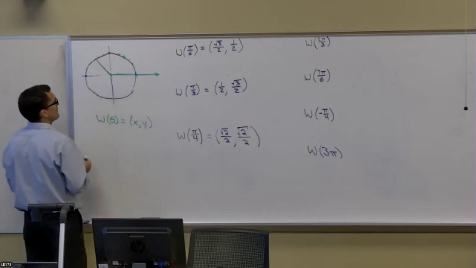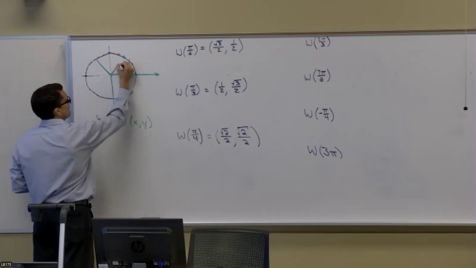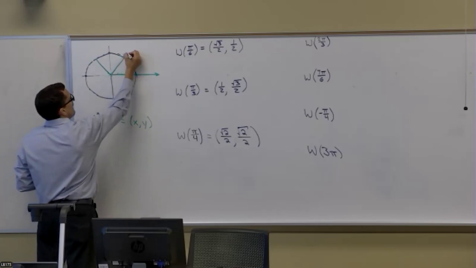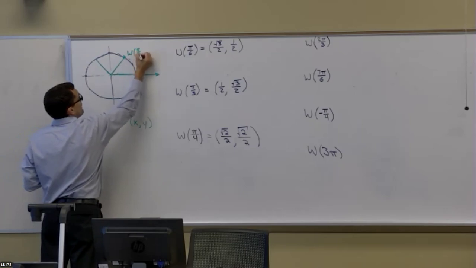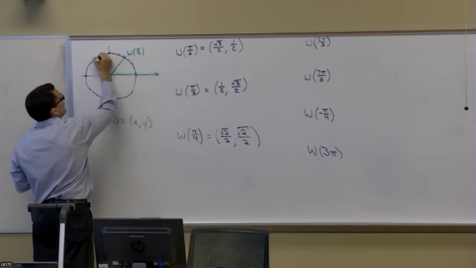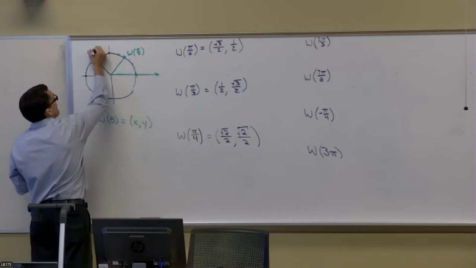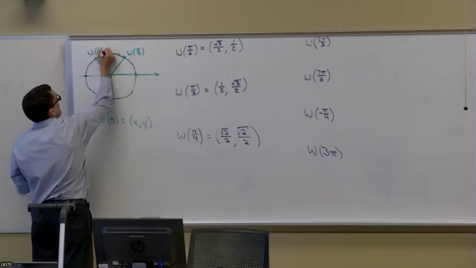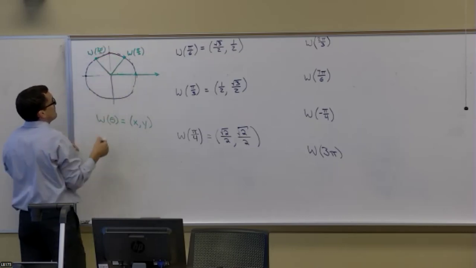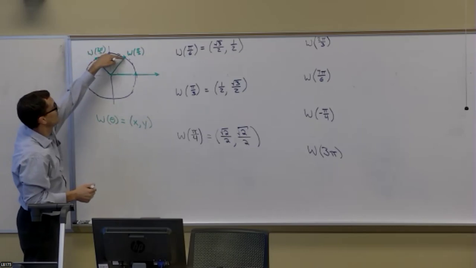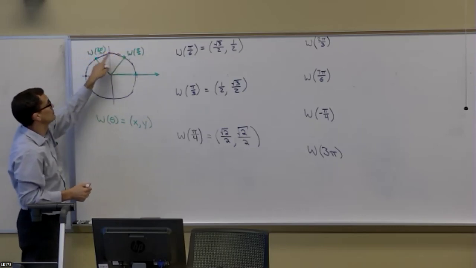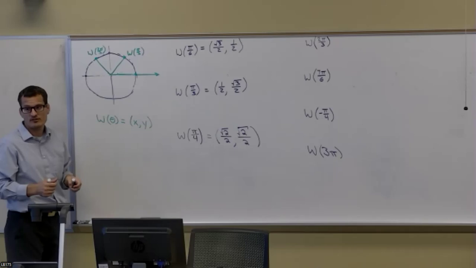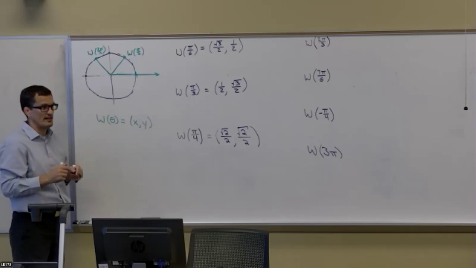And the answer is the following. This is the wrapping function of pi over 3. The wrapping function point of 2 pi over 3 is going to be here. It's going to basically be the wrapping function of pi over 3 projected across the y-axis. Now, does everybody see why that is?